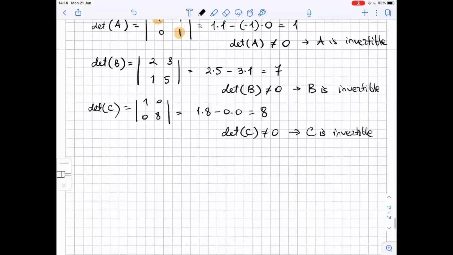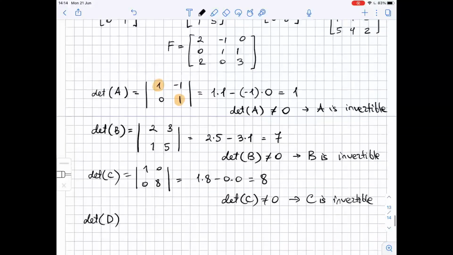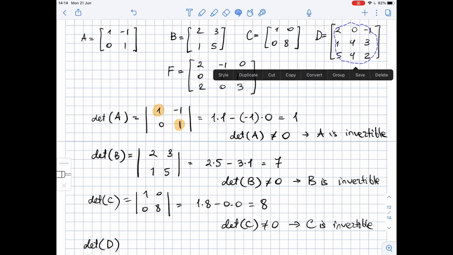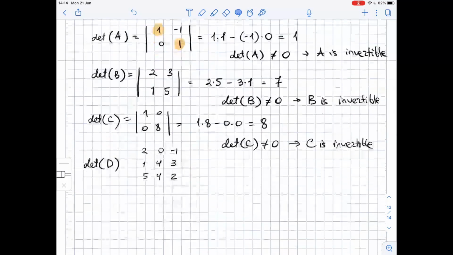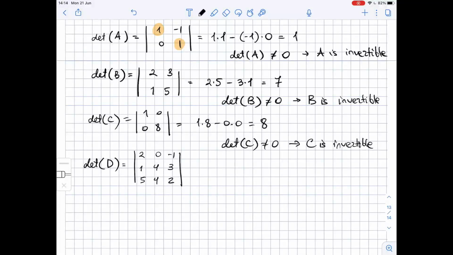Great. Now the determinant of matrix D. Well, it's a bit more difficult because matrix D is a 3 by 3 matrix. So I will copy paste it here. So let's review how to find the determinant of a 3 by 3 matrix. We will do that using the expansion of the first row.